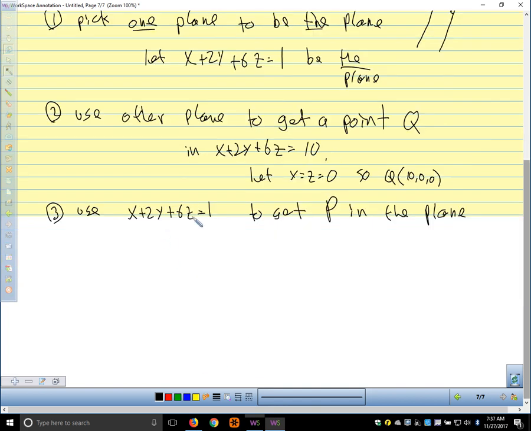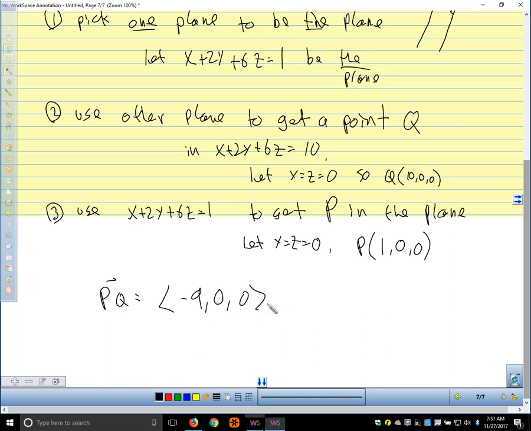Plug in y equals z equals 0. And P is 1, 0, 0. And PQ is the vector, in this case, negative 9, 0, 0. We could also use QP. We just get the same answer because we're taking the absolute value at the end anyway.